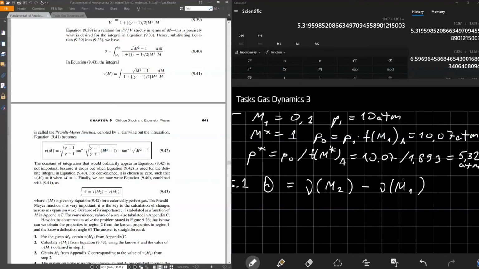So higher velocity minus lower velocity. And since theta is given as an angle, the Prandtl-Meyer function also is an angle by itself.